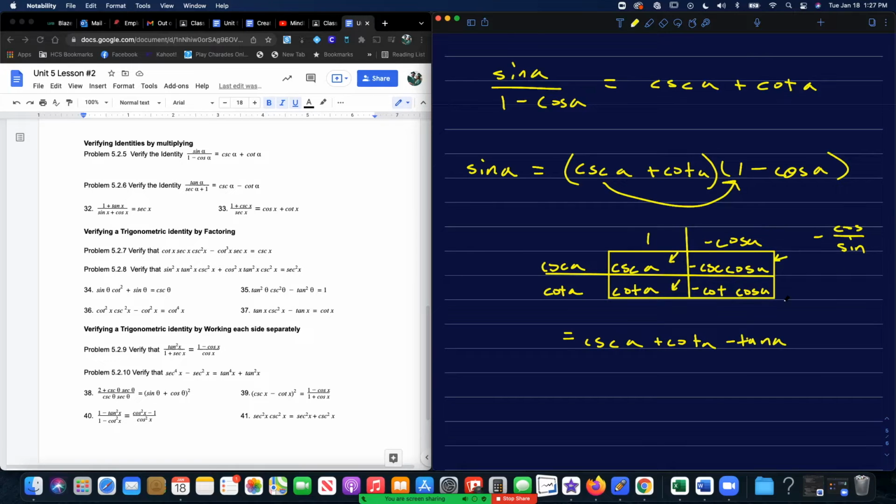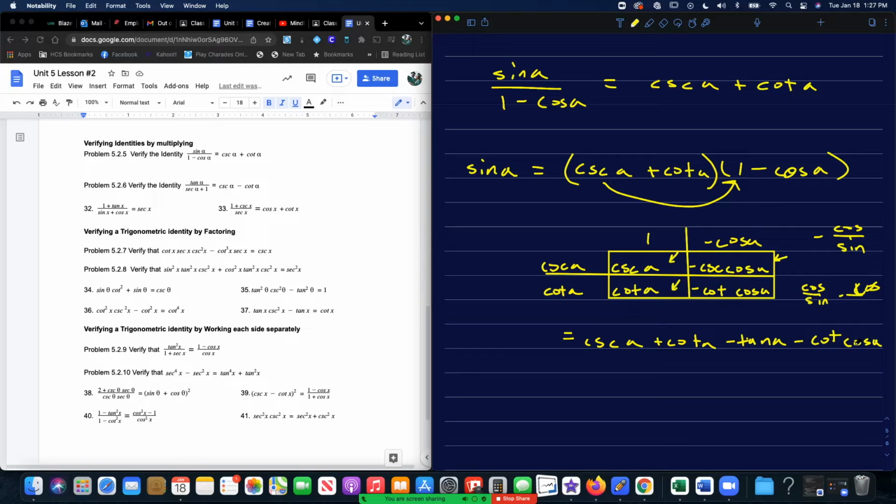And this last one, cotangent is cosine over sine, right? And this times cosine, basically cotangent cosine, there's not much we could do about that. So we'll just leave it the way it is, minus cotangent cosine of alpha.